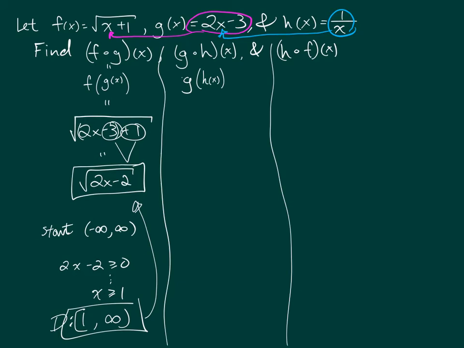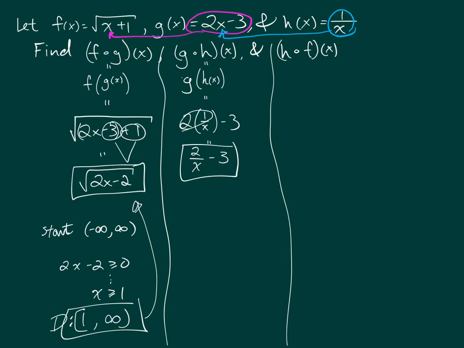So what that ends up looking like is 2 times 1 over x minus 3. And if that gets simplified down a little bit, it looks something like this, 2 over x minus 3. You multiply the 2 times the 1 together. So here's the function g compose h of x.